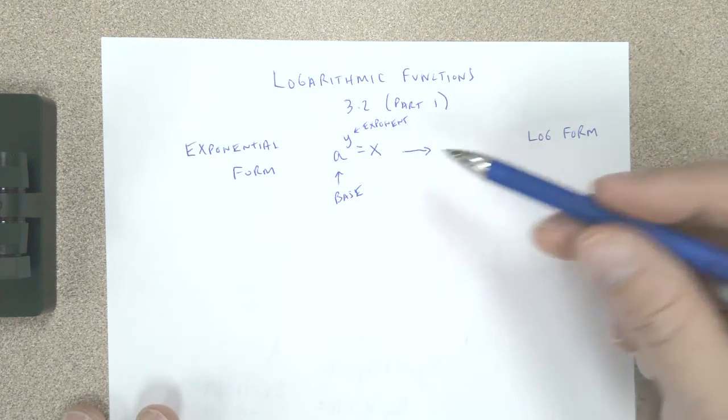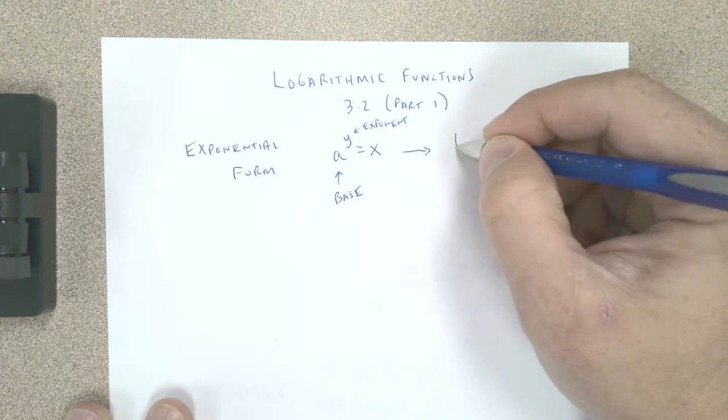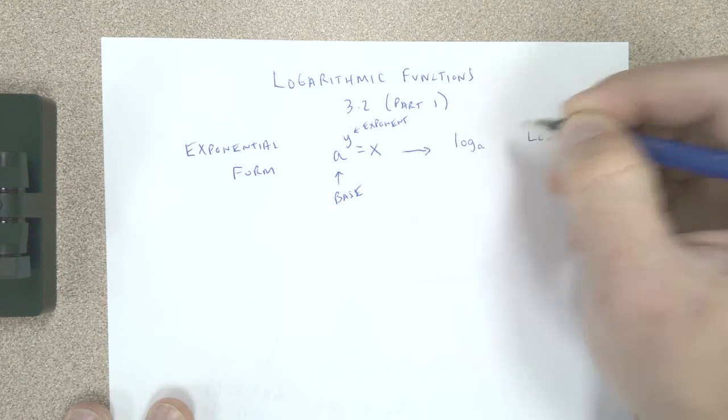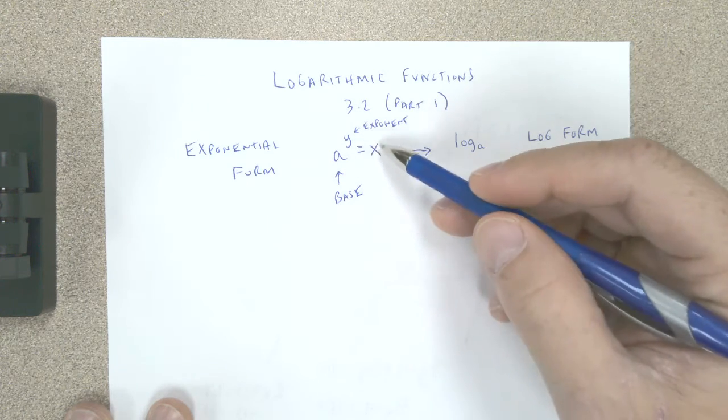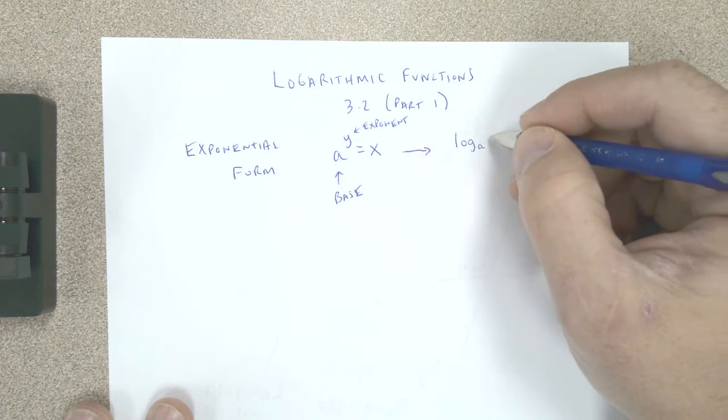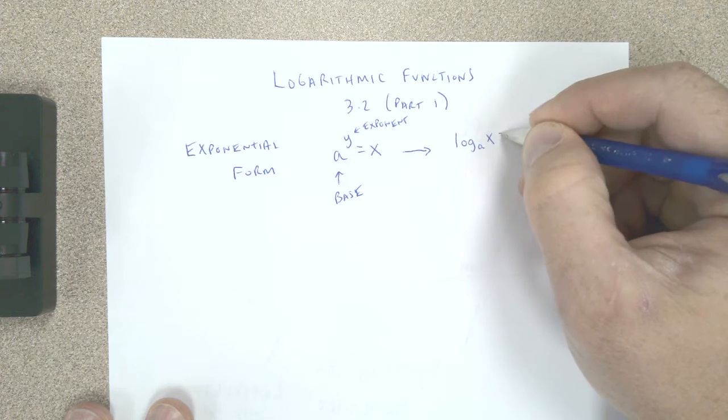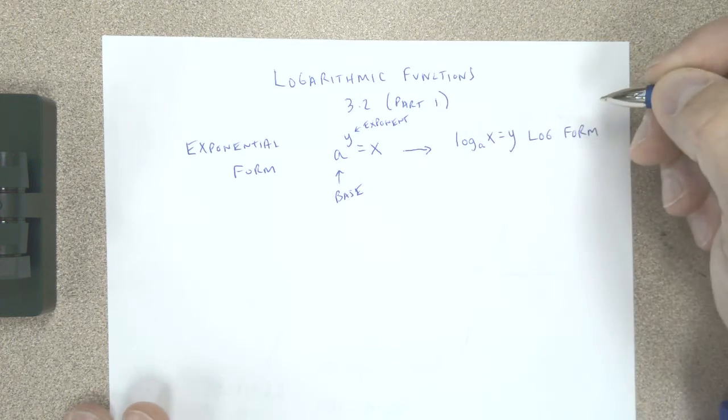So the base stays the same. So this would be log base a. And then the other two play switcheroo. So we'd say log base a of x equals y.